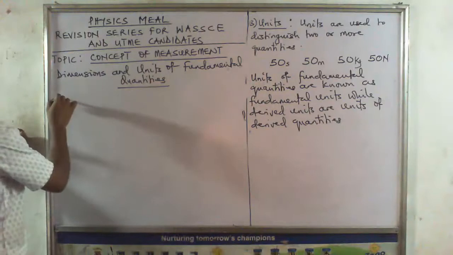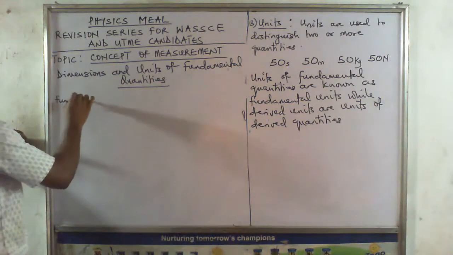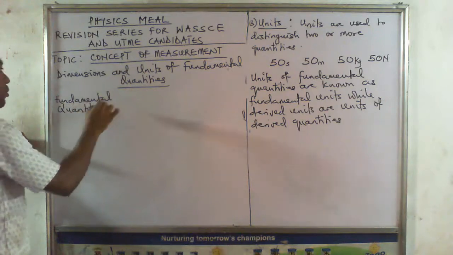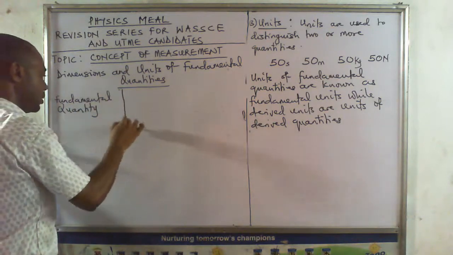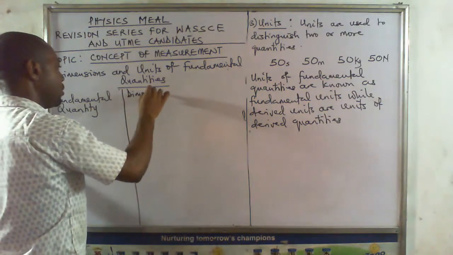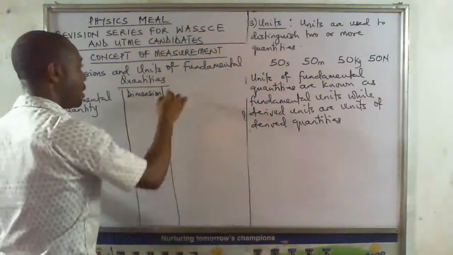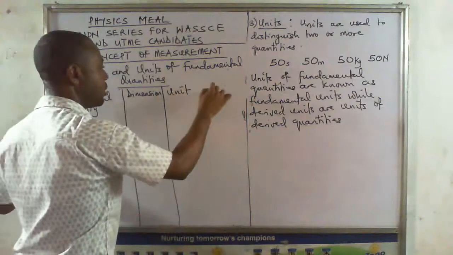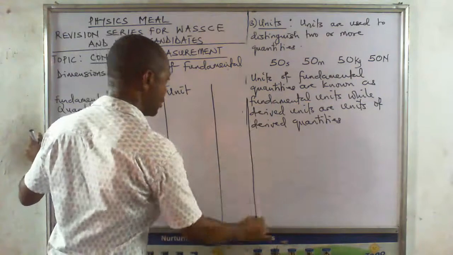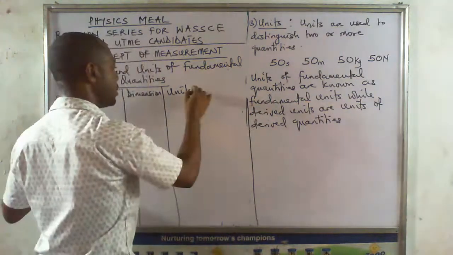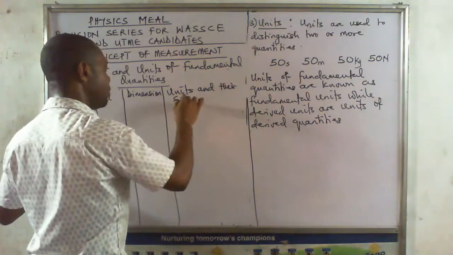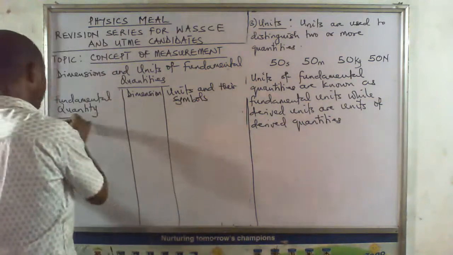Okay, let's say we have a fundamental quantity. We have the dimension. We have the units. And a small space. Okay, let's say units and their symbols. So the symbols of the units.